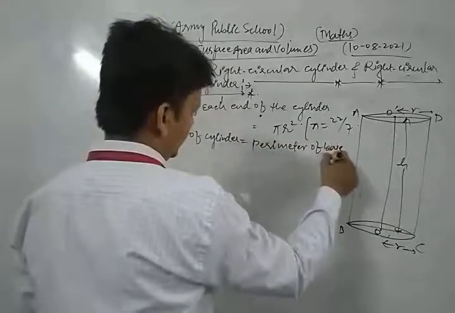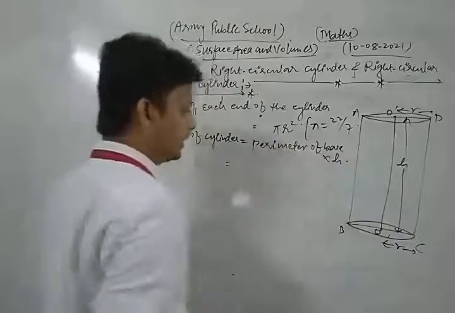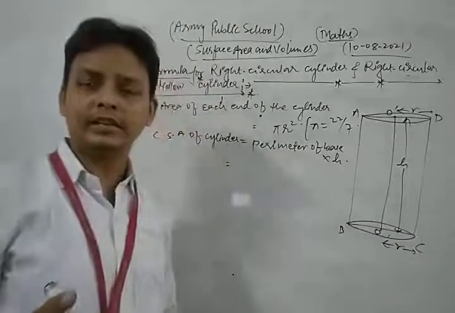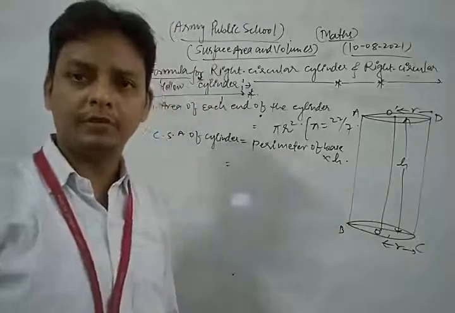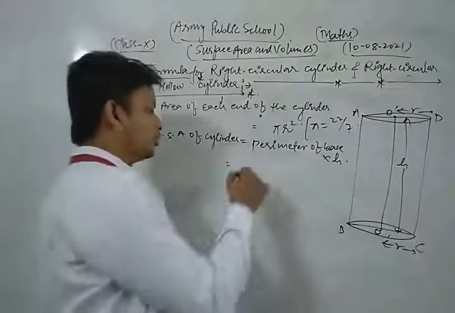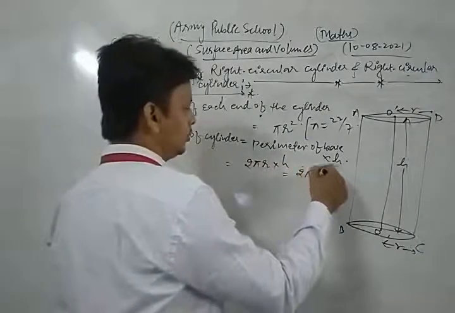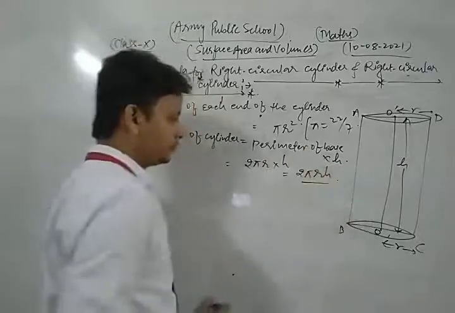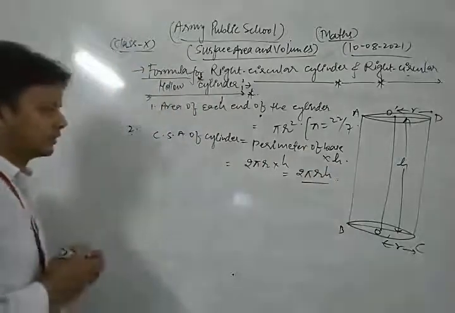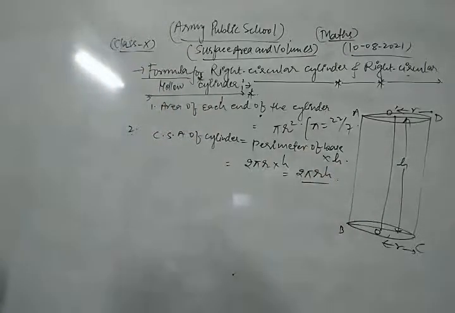The base of the cylinder is circular in shape, and the perimeter of a circle is, you know, 2 pi r. So 2 pi r into h, that is 2 pi r into h. This is the formula for curved surface area of cylinder.